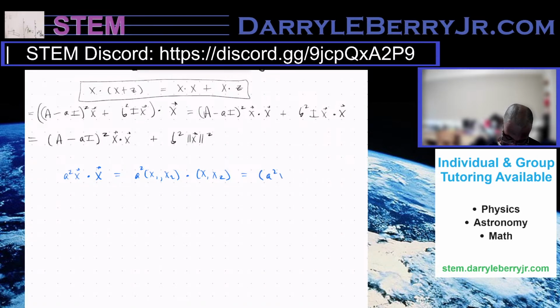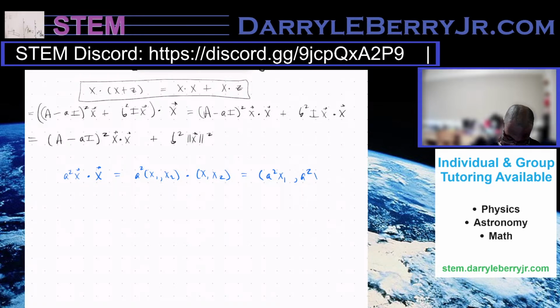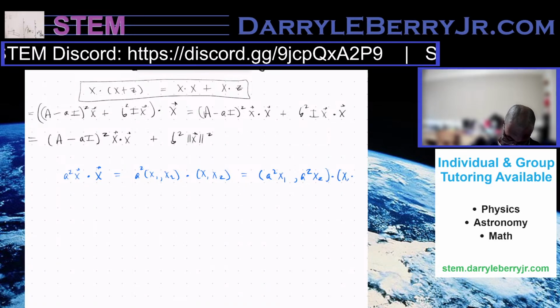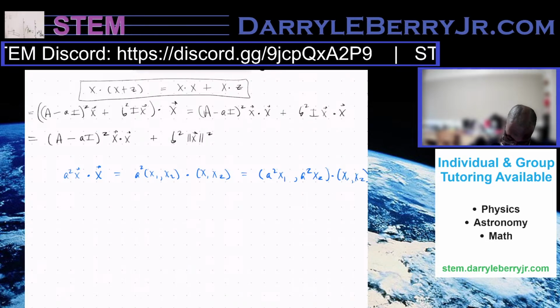So what is this? A squared x1, a squared x2, dot x1, x2.